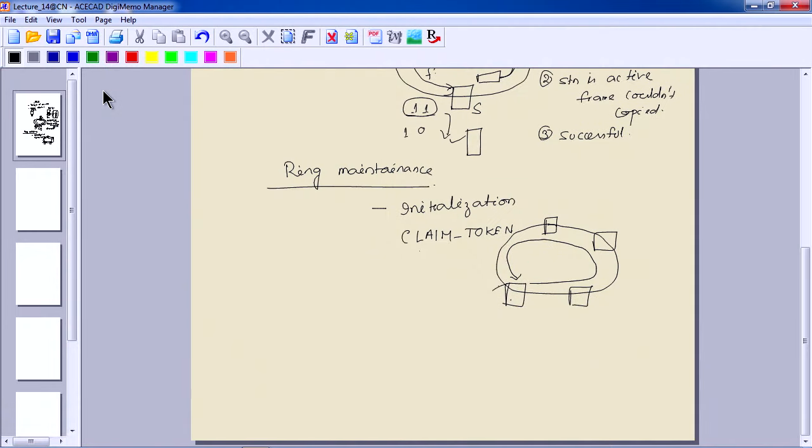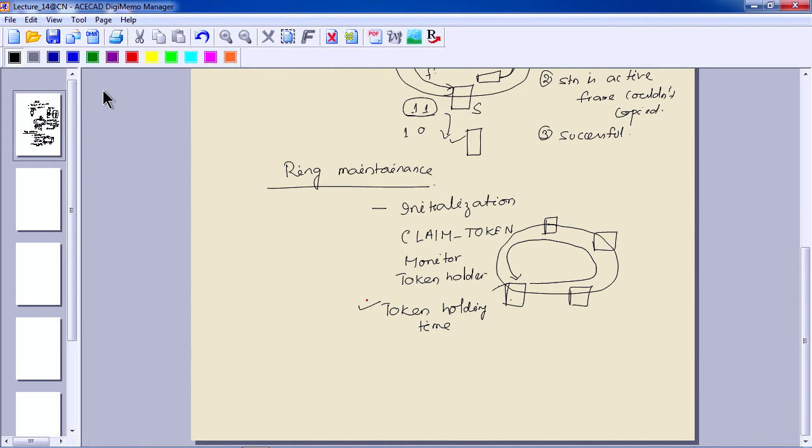In that case, he becomes the monitor, and he also becomes the token holder. So, during the ring initialization period, a monitor is selected, a token is generated, and the monitor himself becomes the token holder and starts the transmission.